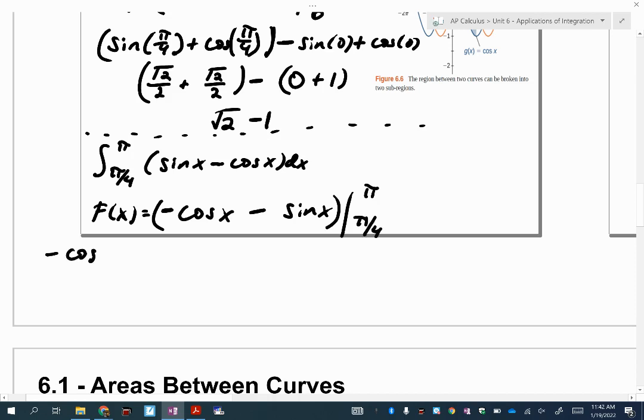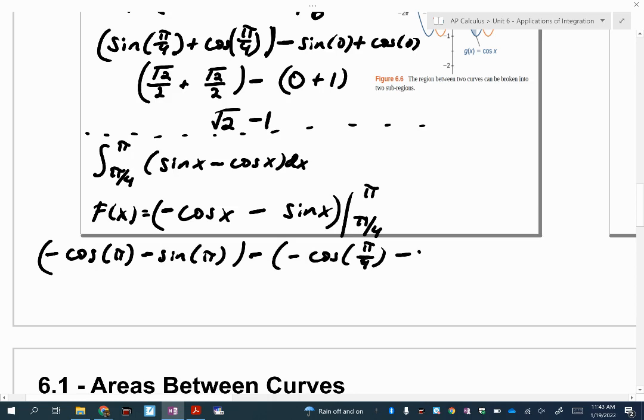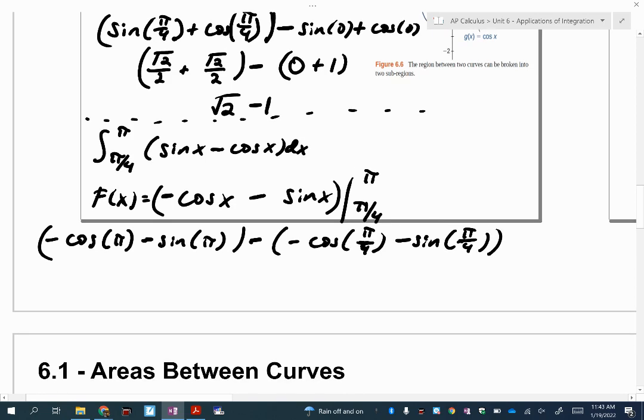Let's do that. The opposite of the cosine of pi minus the sine of pi, so whatever that is, minus the opposite of the cosine of pi over 4 minus the sine of pi over 4. All right, so we got cosine of pi. Cosine of pi is going to be -1, and the opposite of that is 1.